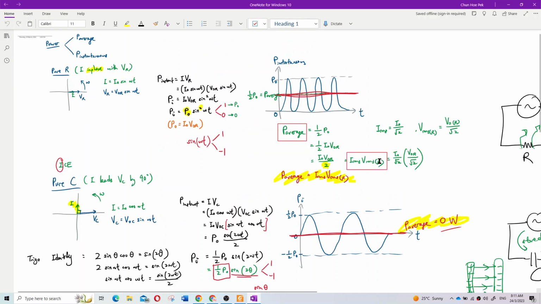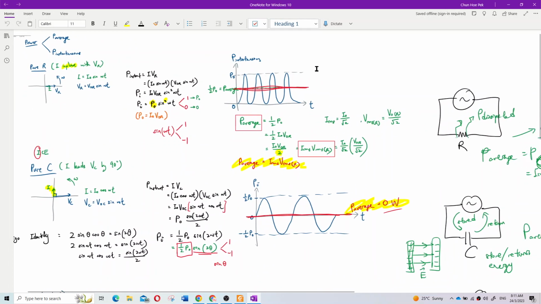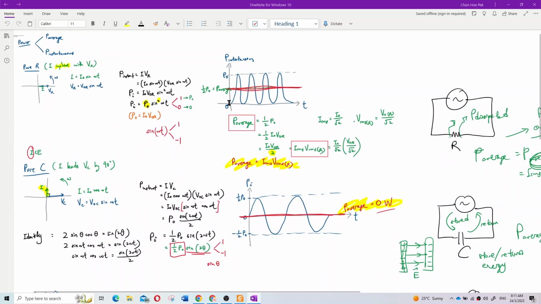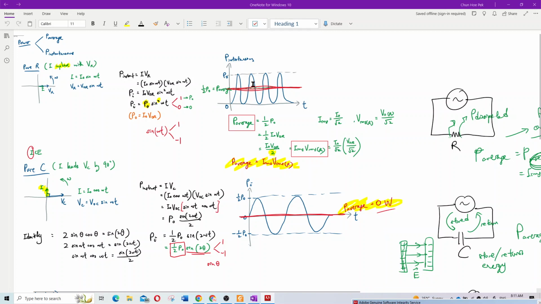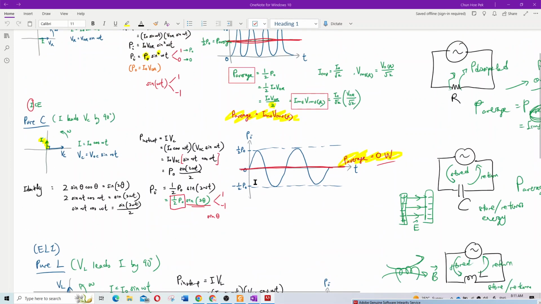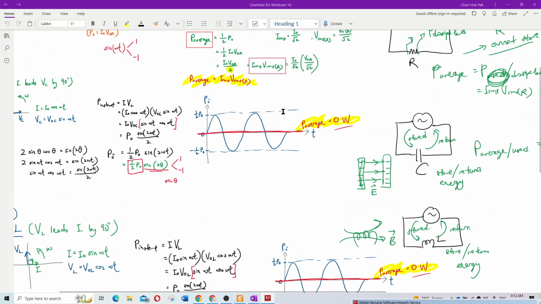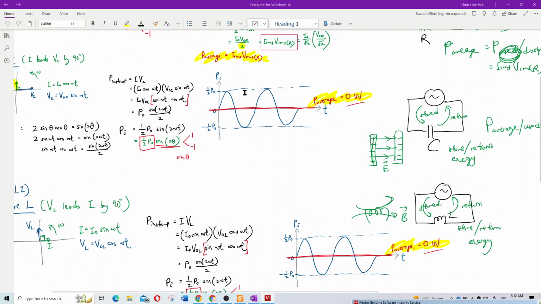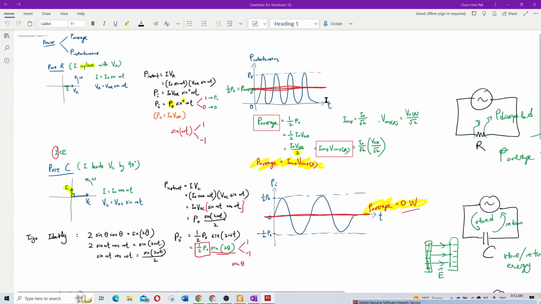I did talk about that. If you look at the graph of pure resistor, the average power is half the peak power, half P naught. But for capacitor and inductor, the average power is zero, because no heat is dissipated at capacitor and inductor, but heat is dissipated at resistor.